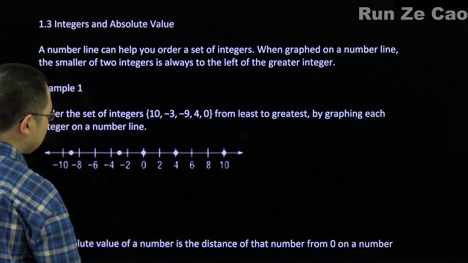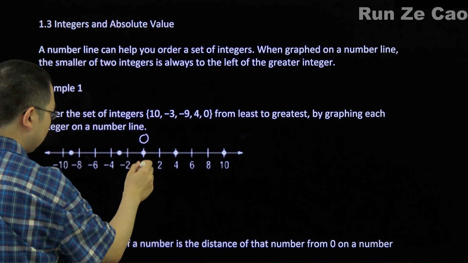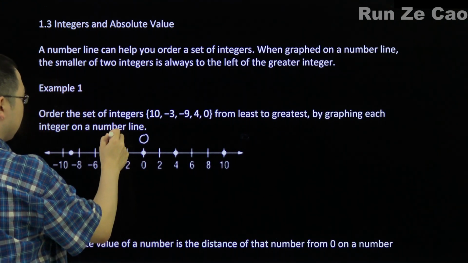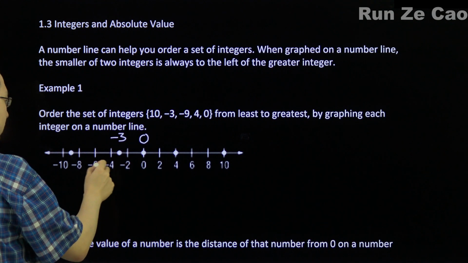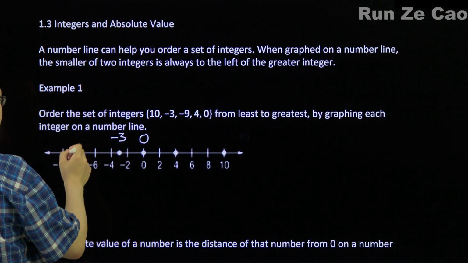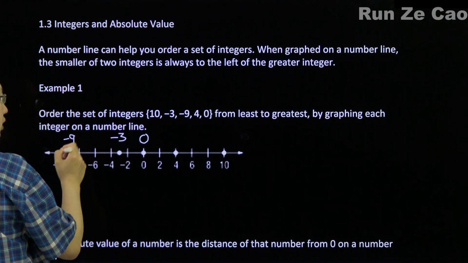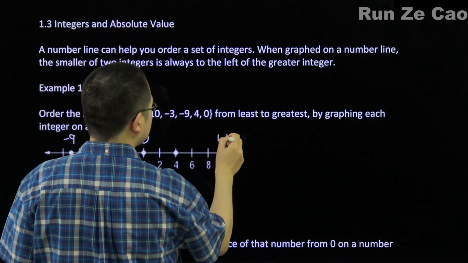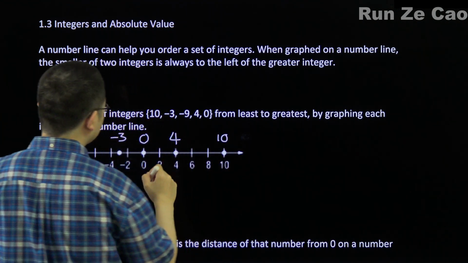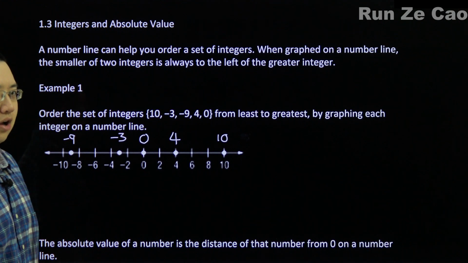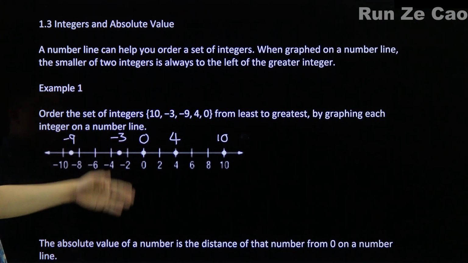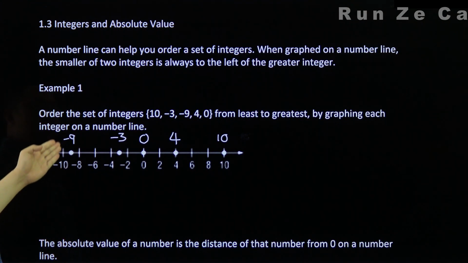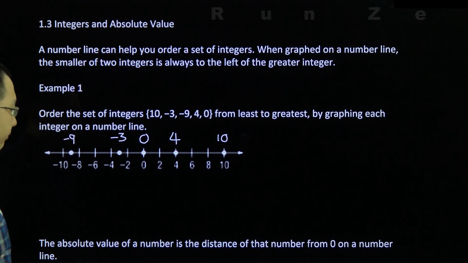They would look like this. 0 is here on, well, 0. -3 is over here, between -2 and -4, halfway specifically. -9 is over here. 10 is on, well, 10. 4 is on 4. Nobody's surprised, right? So if you're ordering them from least to greatest, you can do it by graphing them on a number line.